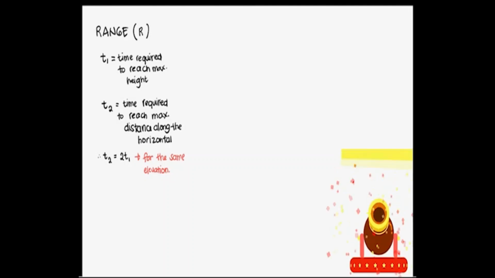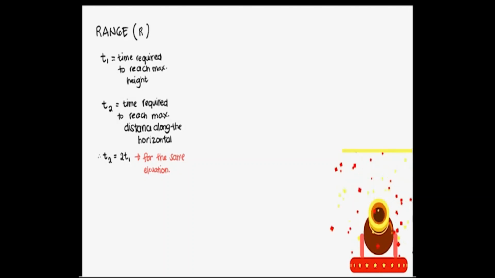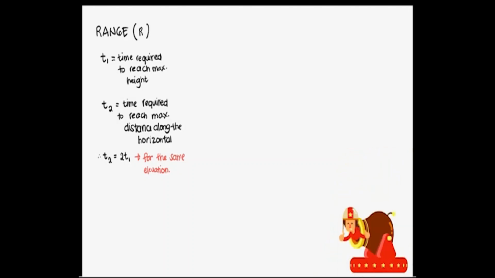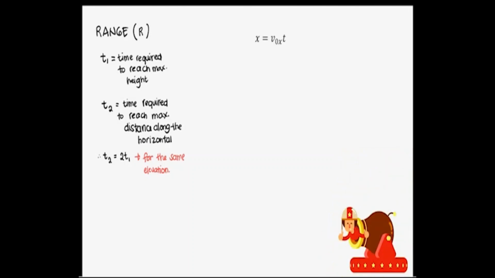Let t sub 2 be equal to the time required to reach the maximum distance along the horizontal plane, or range. Therefore, t sub 2 is just equal to 2 times t sub 1 for the same elevation.